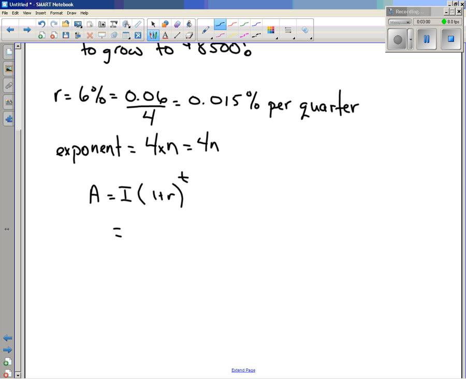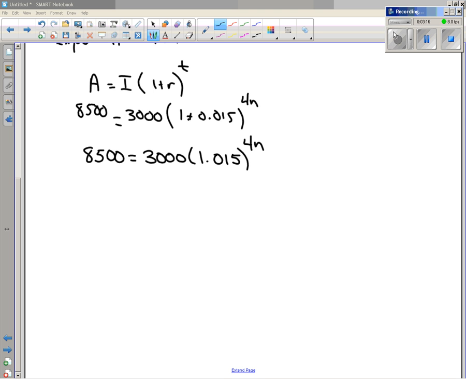And in ours, we're looking for $3,000 to grow to 8,500. We have 3,000 times 1.015 to the power 4n, equal to 8,500. Okay, so what will be our first step when we're evaluating this?